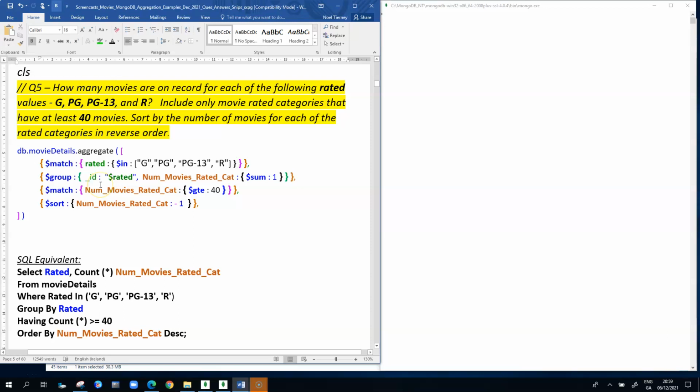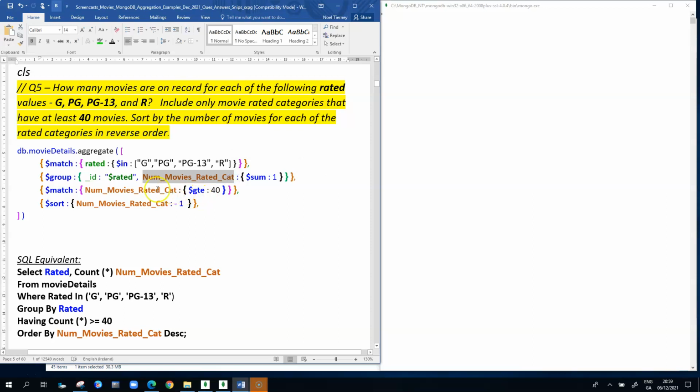One of the important things to bear in mind when you're working with the aggregation framework is to be careful when you're naming things and be careful when you're punctuating. In this case, I've tried to put appropriate labels on the output fields that tell me clearly what's going on.